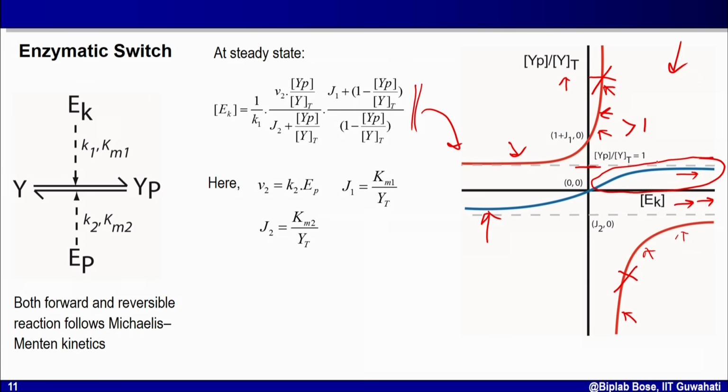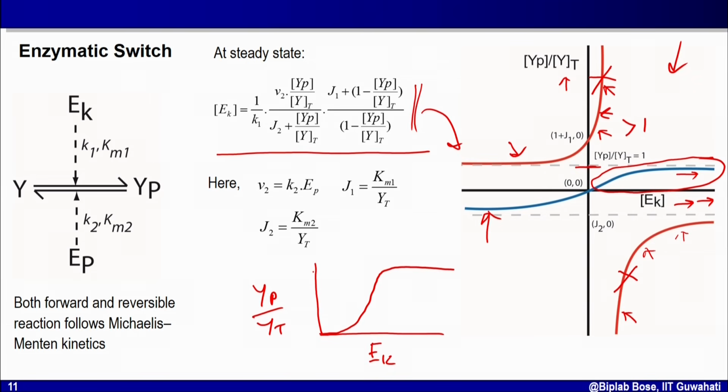In this region, this blue line is working like a sigmoid curve, initially increasing and then saturating near 1. So what I get here from this algebraic relation is that if I remove all those impossible things, and plot Ek on my horizontal axis and Yp by Yt on my vertical axis, then the behavior will be a sigmoidal one where it will saturate at a maximum value of 1.